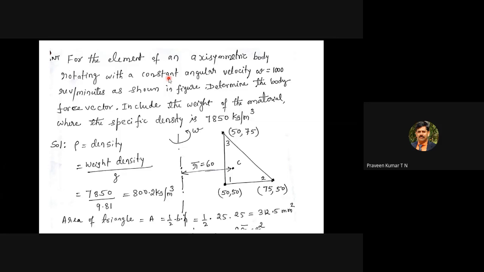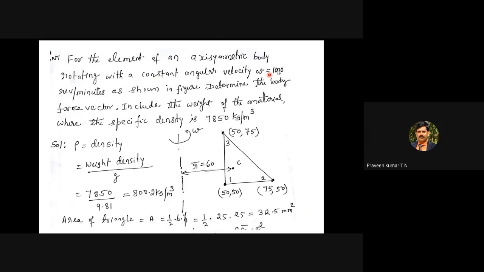And omega we can find out: omega is 2 pi n. The revolution is given as 1000 revolutions per minute, but finally we require revolutions per second. So omega is 2 pi n divided by 60.